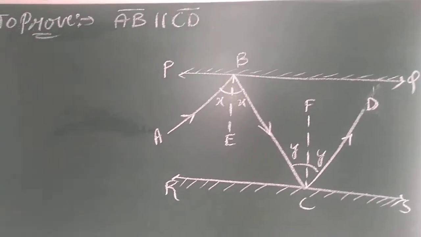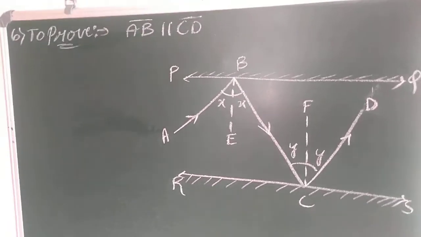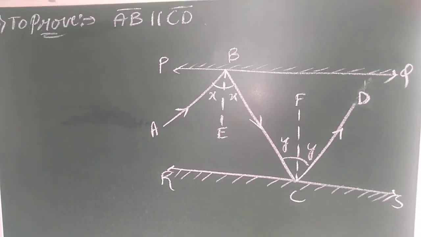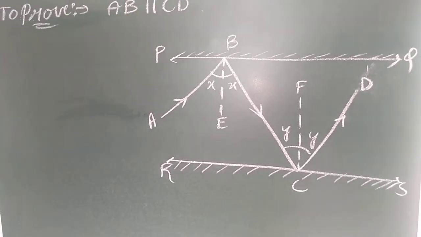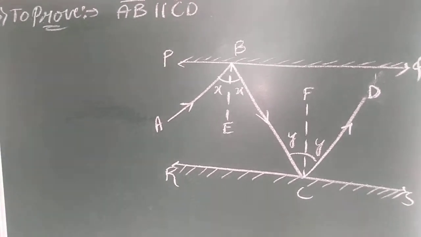So here is the last sum of the exercise, children. They have placed two mirrors PQ and RS. Your real view mirror, whatever you use at home, the same mirror they are using here.